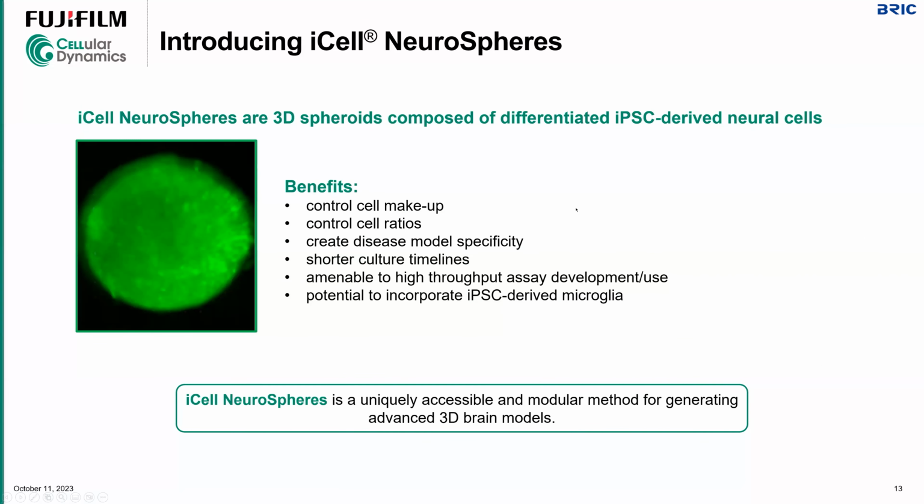And again, generating those neurospheres provides you with a lot of control with regards to the cell makeup. You control the cell ratios, and we have lots of information on direction, depending on the direction you want to go. So we have lots of expertise and lots of advice for you on how to move forward.